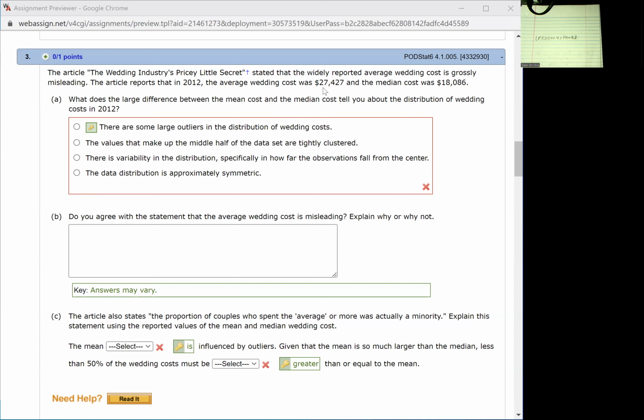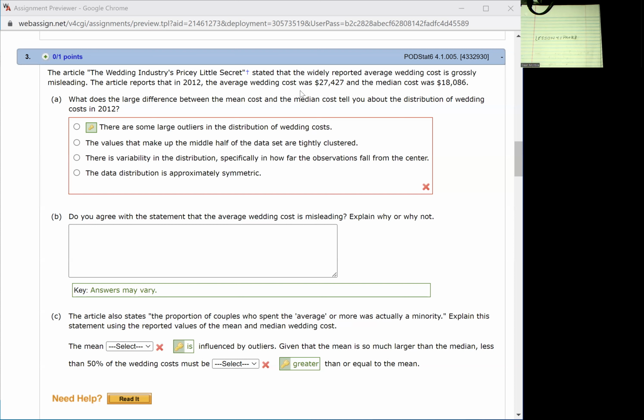If you have a wedding at your local church, it's not going to cost as much as if you send everyone to Hawaii to a resort and pay for all of their expenses while they're there. So it's hard to come up with an average that is representative.